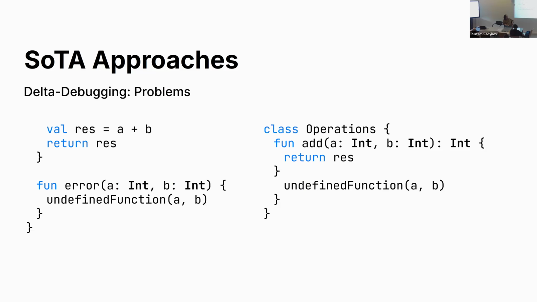And what's the problem of this algorithm? Why might it not succeed well? For example, in the middle of the procedure, we can produce some code like this. It can be syntactically wrong.